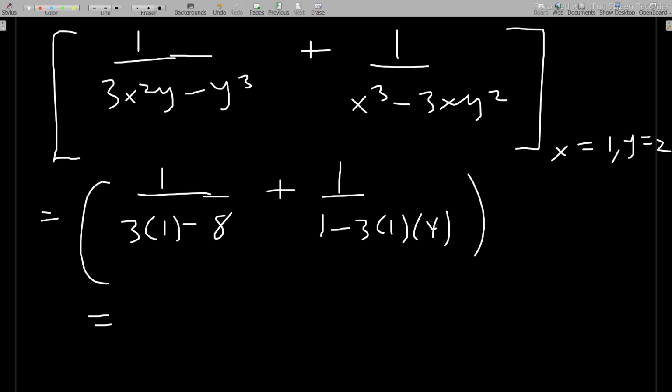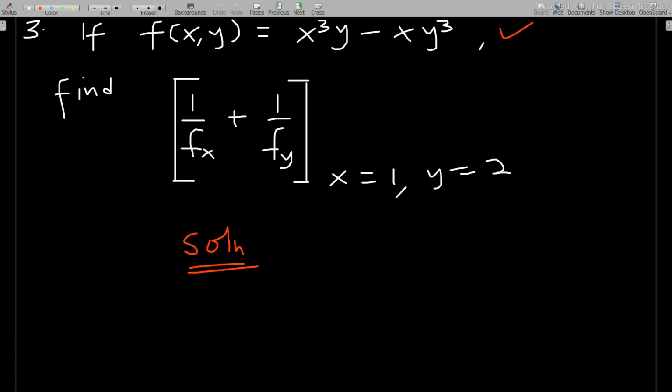After simplifying this, I will get negative 13 over 22. You are supposed to go through the simplification by yourself and you'll be able to get it. So this is the solution to this question.